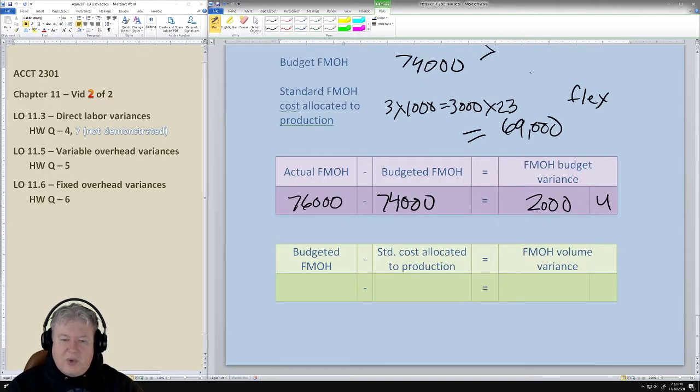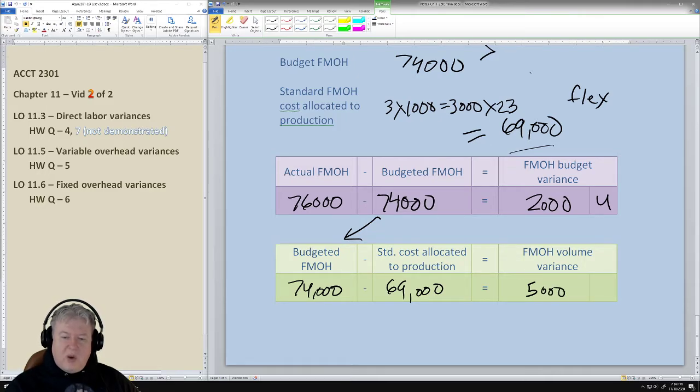So when we go down here, the budgeted MOH, we just pull this down. The standard allocation, what we would have allocated given that certain production. And the variance here is 5,000. And which way does this go? Based upon the number of houses, we would have allocated 69,000.